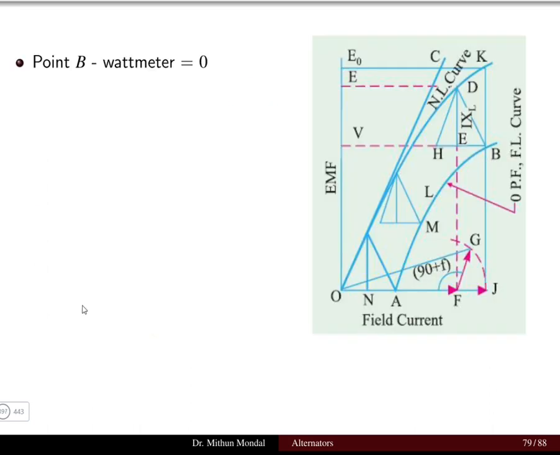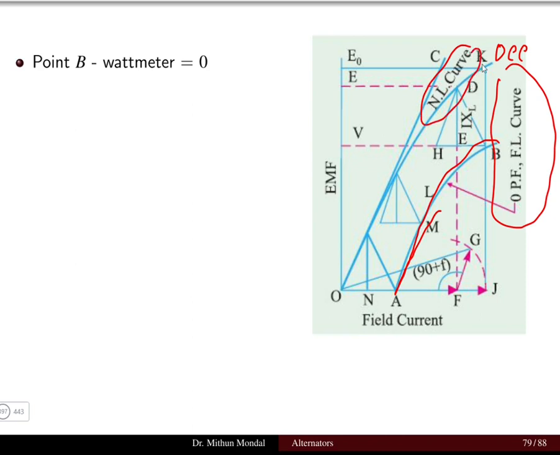Now, how do we obtain the Potier triangle and determine the voltage regulation, that we are going to see. First we are going to draw the curve of the zero power factor full load curve. So this is the zero power factor full load curve. We have to draw this, and we have to draw the OCC characteristic of the machine, which is the no load curve of the machine.